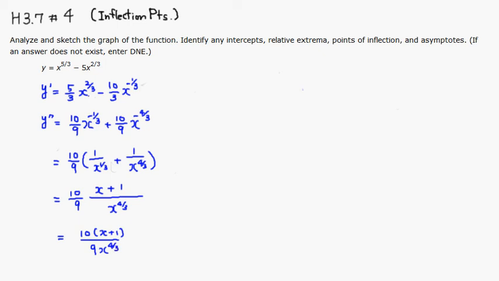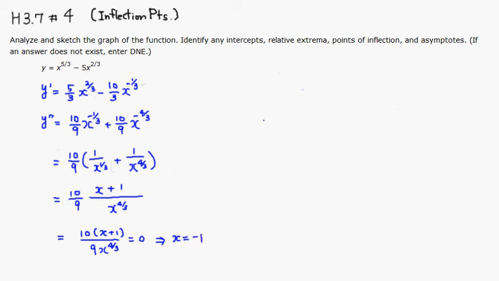In order to find an inflection point, we have to find the x value which makes the second derivative equal to 0. So set that equal to 0, numerator equal to 0, so x equals negative 1.